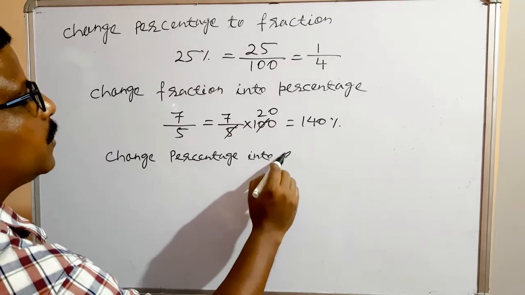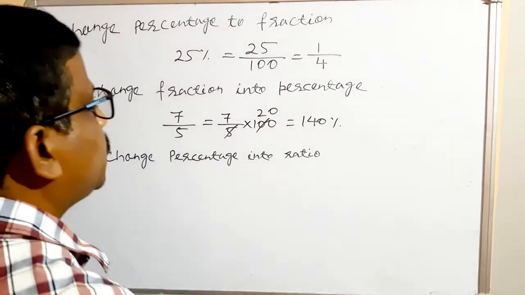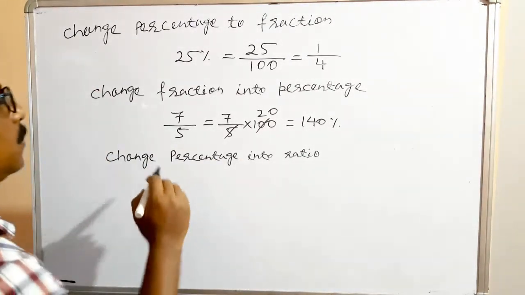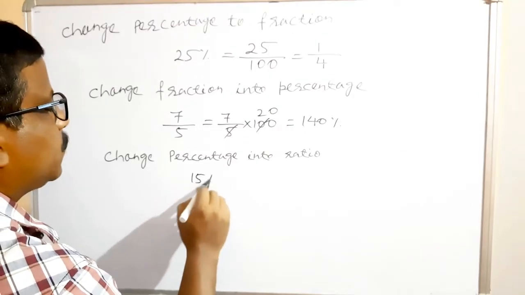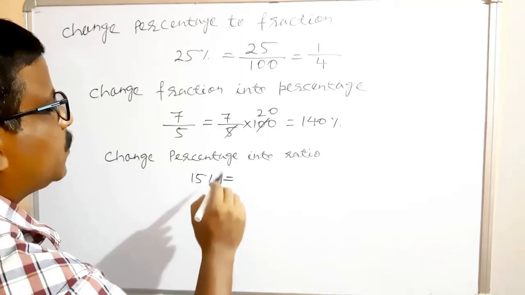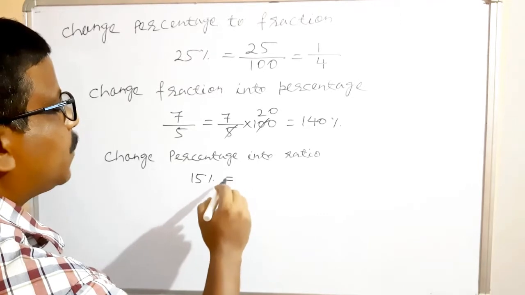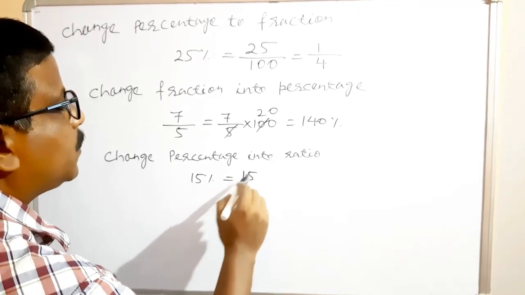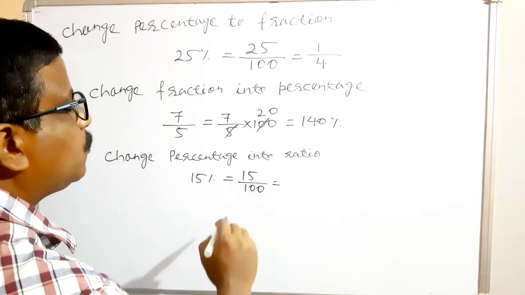The next: suppose we have to change percentage into ratio. Suppose the percentage 15% is given to you, and we have to change it into ratio. First we have to change it into fraction. 15% changed into fraction means 15 by 100. So we bring it into lowest terms.